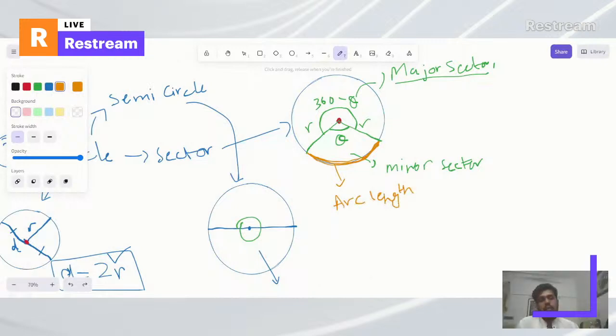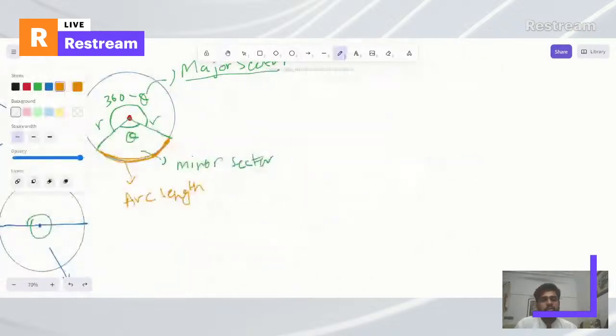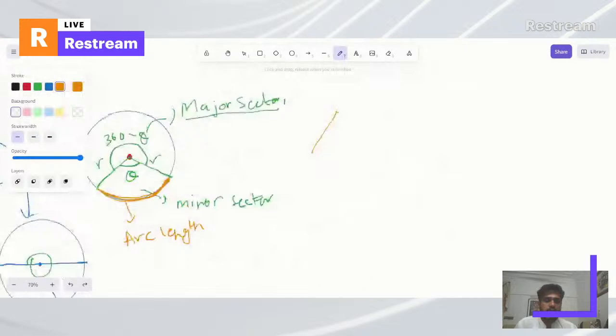Now let's come on to finding out how to find the area of a sector, right? If I draw my sector outside of a circle, it's going to be something like this. This is the center of the circle, and it has two radii over here and some theta over here. So we need to find the area of this sector. How are we going to do this?